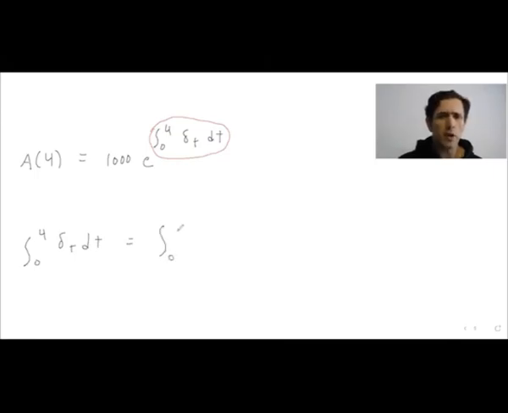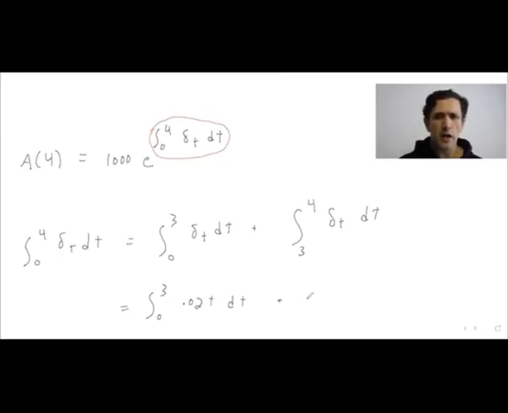Right, so 0 to 3 and 3 to 4. Well, between 0 and 3, this is going to be 0.02t, that's what we're given the function is.